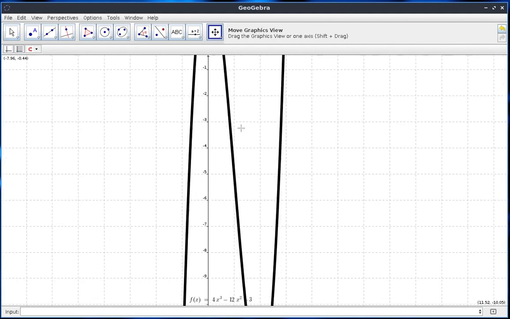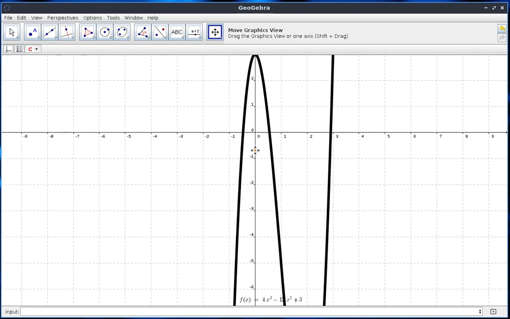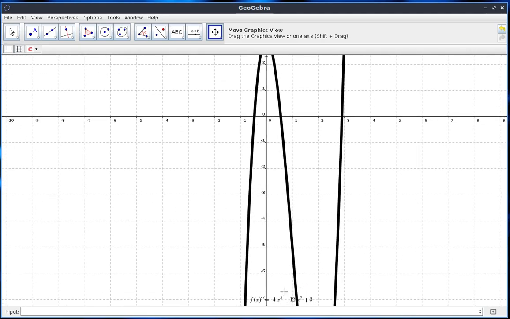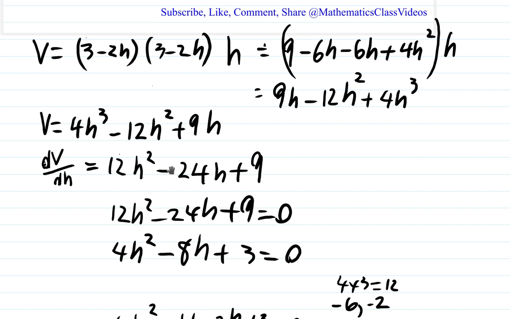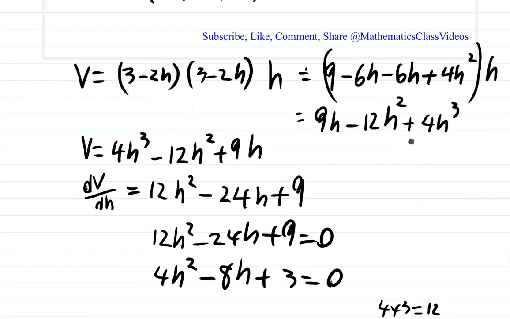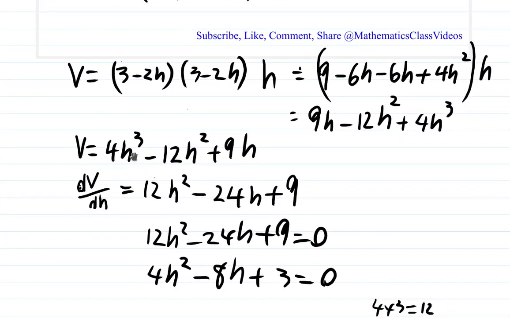Where are the stationary points now? What we had originally was 4h cubed.